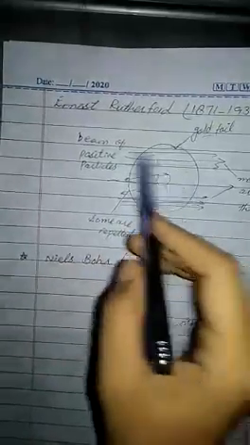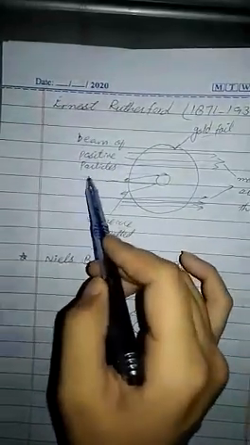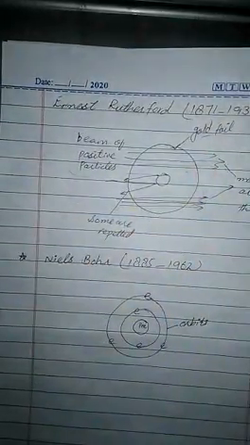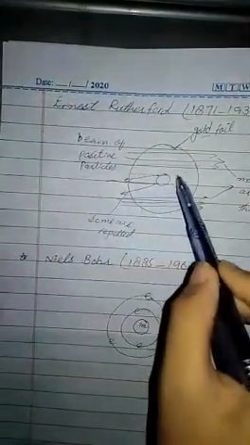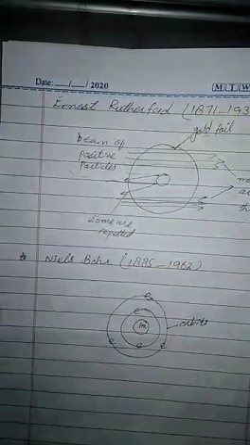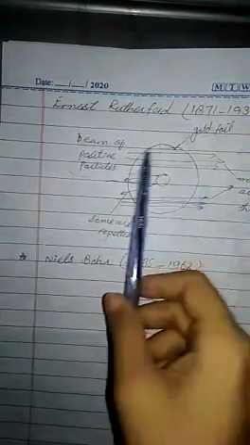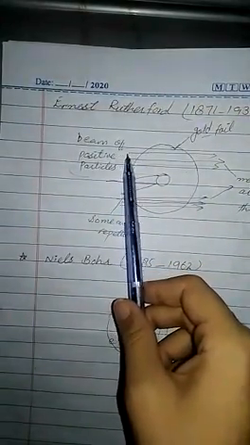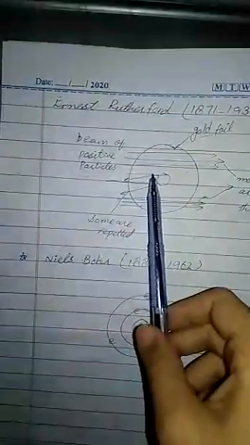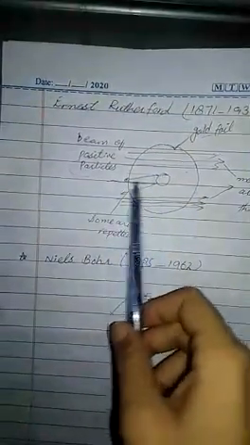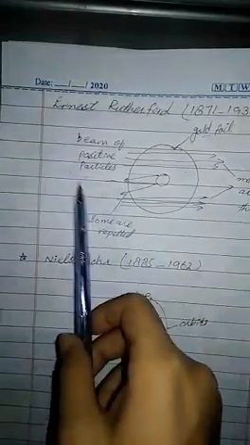He threw on this foil a beam of positive particles. He noticed that some beam rays pass through the foil and some beams of the rays reflect back.